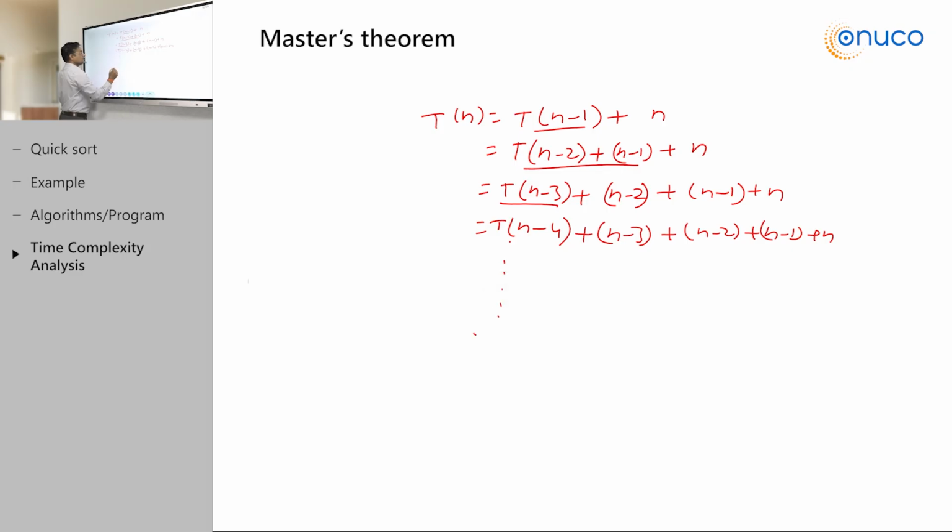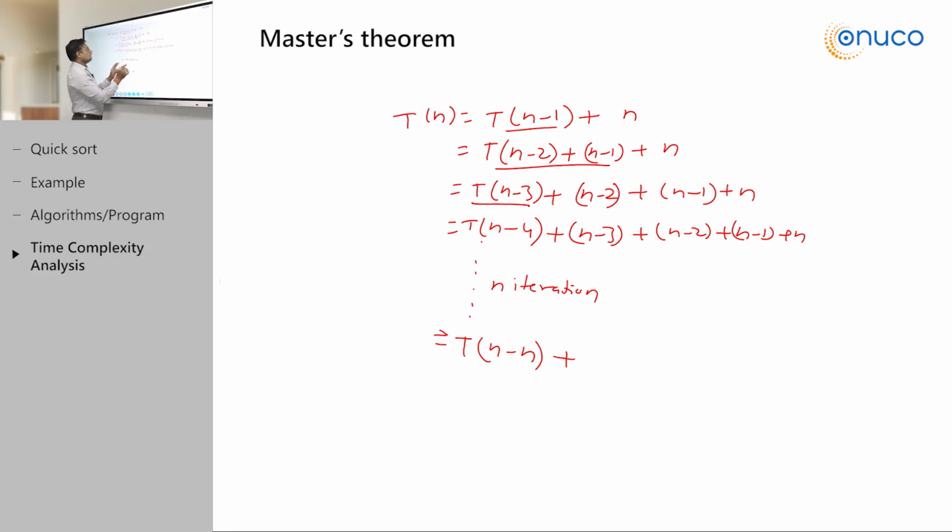When you keep going, what will happen? Say after n iterations, we get T of n minus n, plus, look here, here it is subtracted by 4, here it is subtracted by 3.